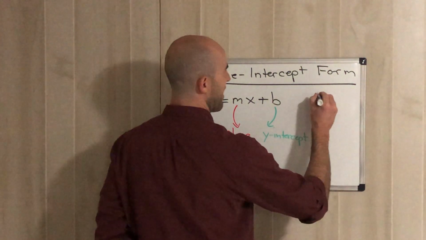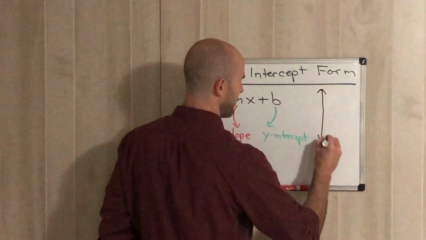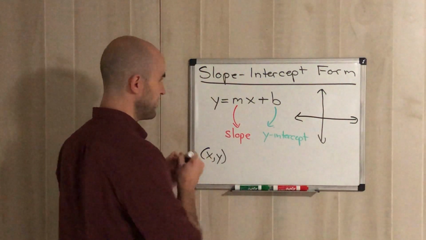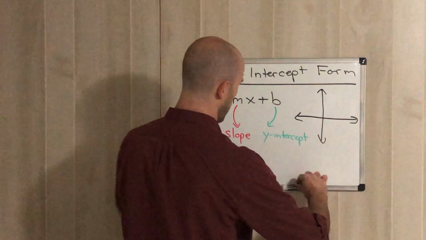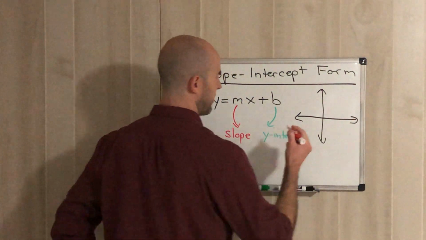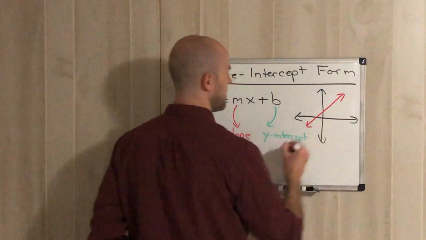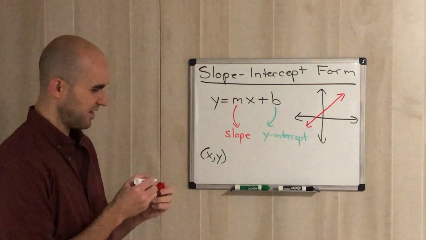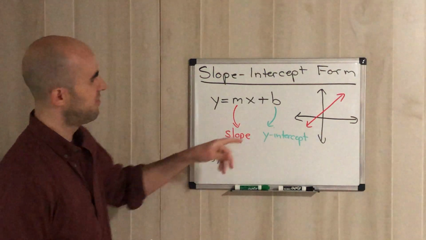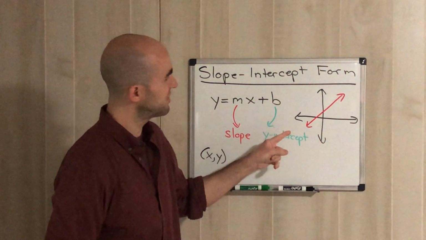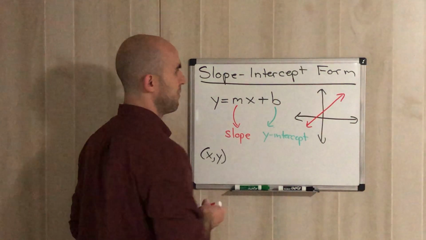So if we have a graph, let's say we had a graph right there, and on that graph we had an equation that looks something like that, right? Before we do anything else, we automatically know this line would have a positive slope, because the line's going up from left to right.